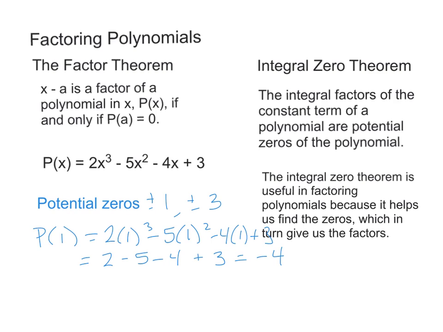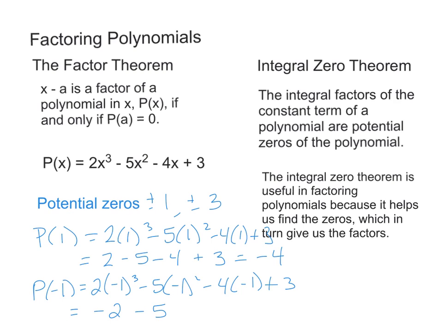So we'll test negative 1. So this is negative 2 minus 5 plus 4 plus 3, which is equal to 0. What does that tell you? It is a factor. It tells you that negative 1 is a 0 of the polynomial, which means that x minus negative 1 is a factor.